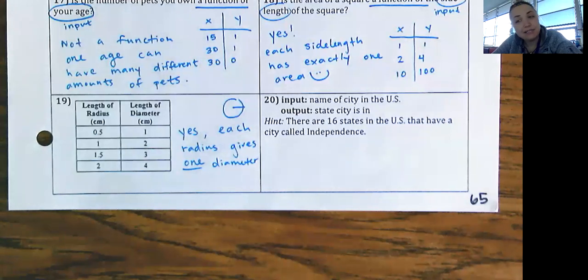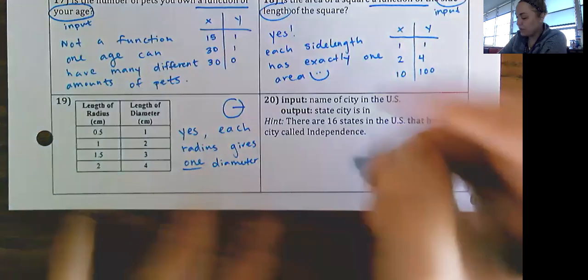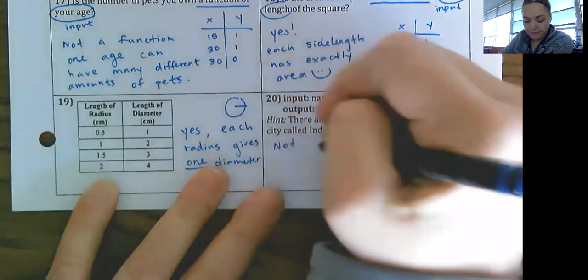But the output is all these different states that have the name of a city of Independence. Same with something like Springfield. There are tons of Springfields or Springvilles or whatever, and they're in many, many, many different states. So the name of a city does not necessarily give one exact state. So this one, not a function.